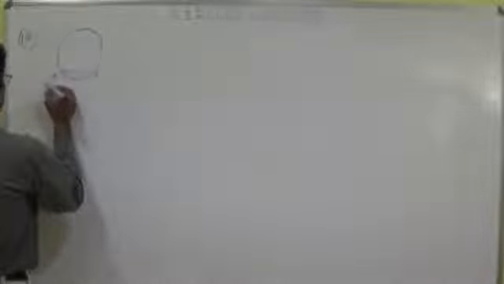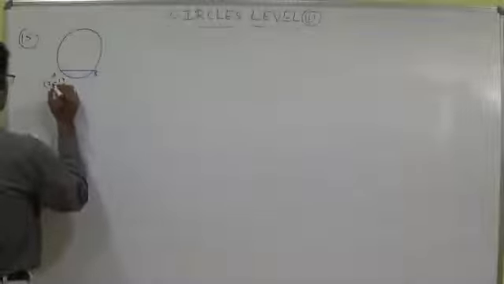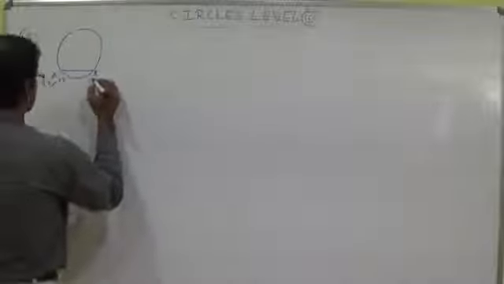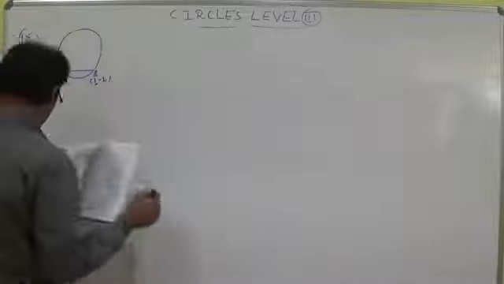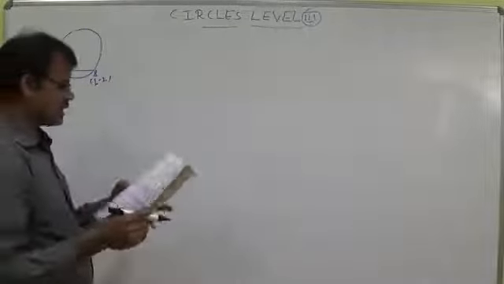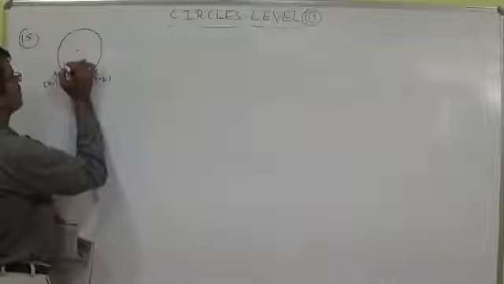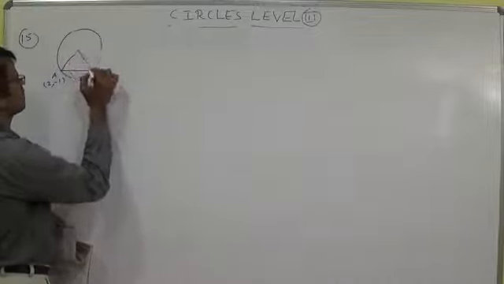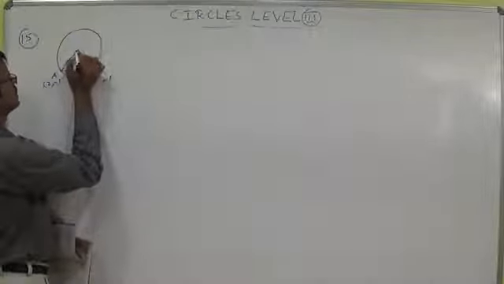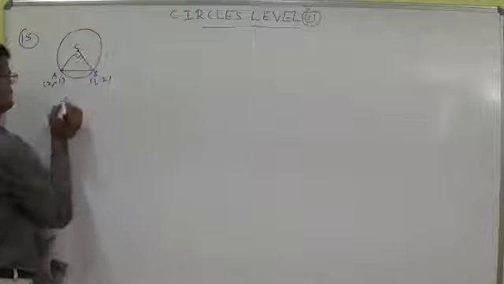A is (2, minus 1), B is (1, minus 2). The chord is subtending 90 degrees here. Put here the center, this is C.